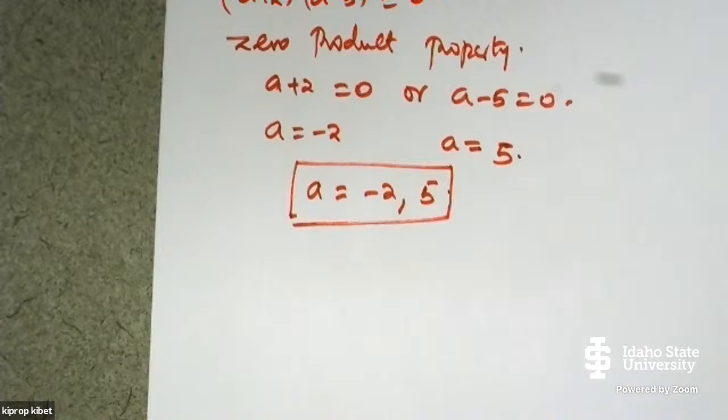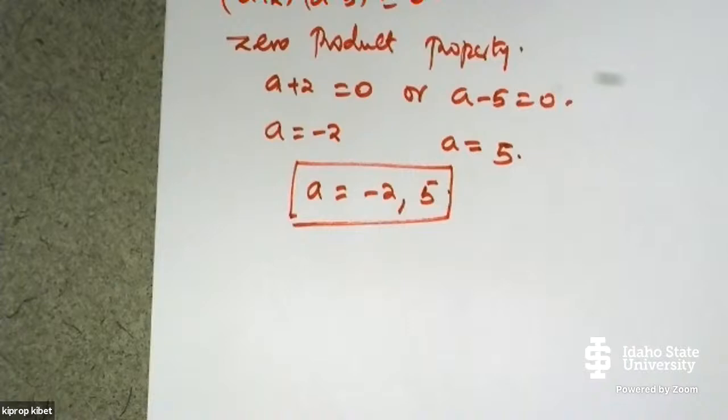So using the zero product property, A + 2 equals 0, or A - 5 equals 0. You want to get the value of A. So our A will now be equal to this side. This is plus 2; when you take it here, it becomes minus.